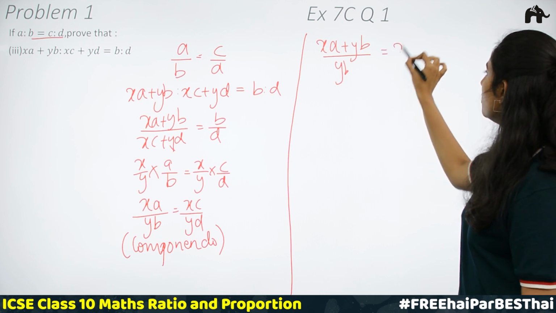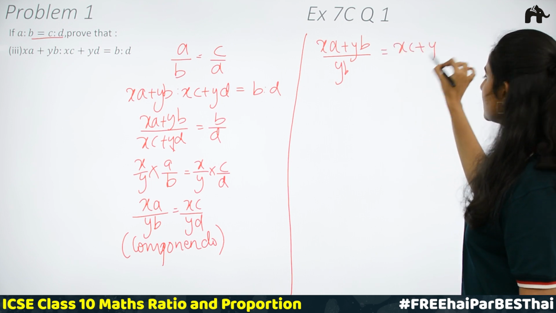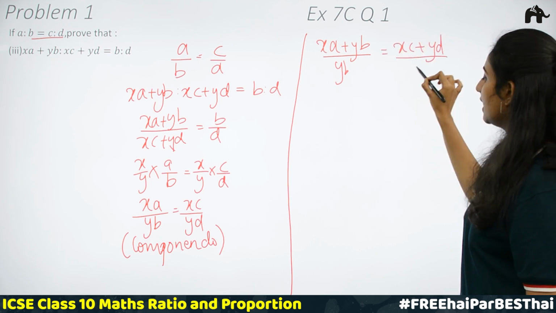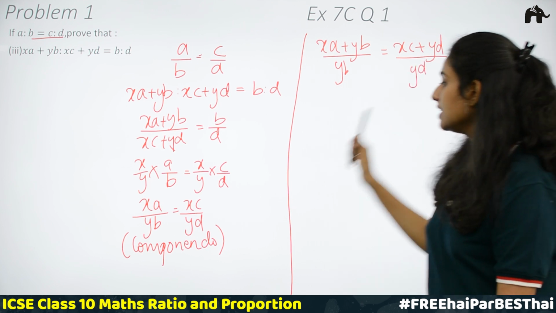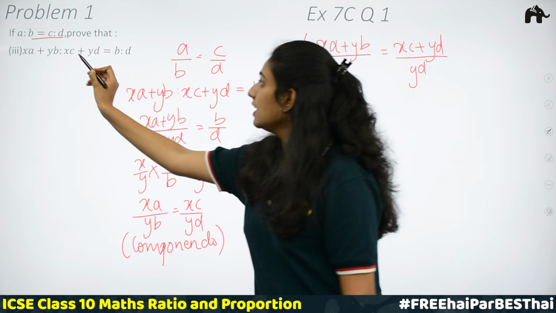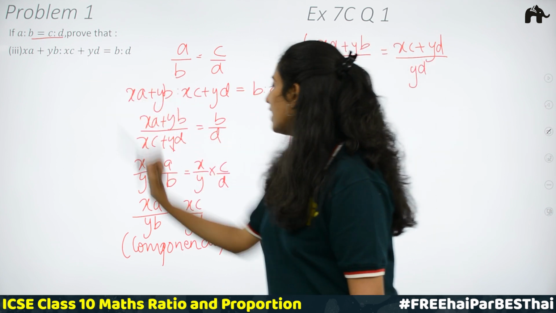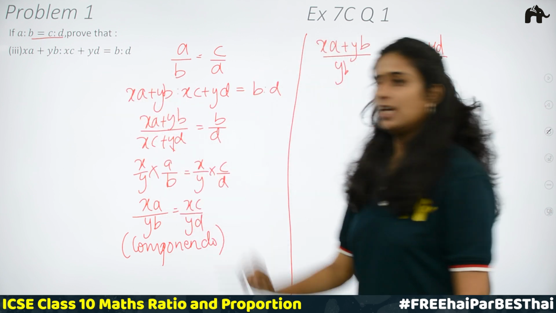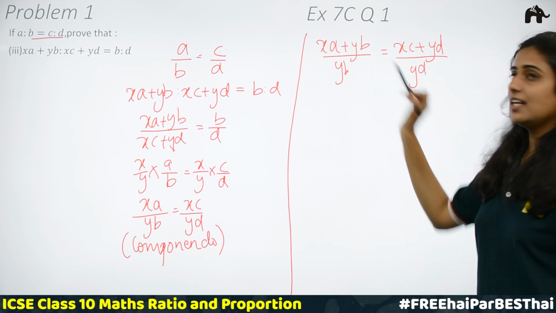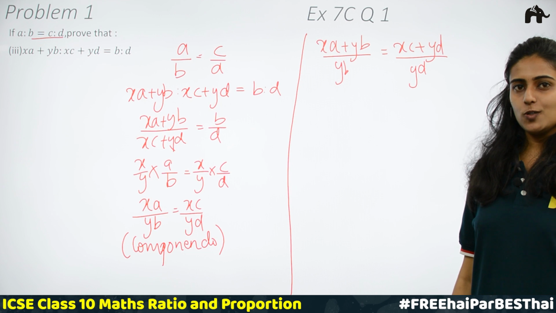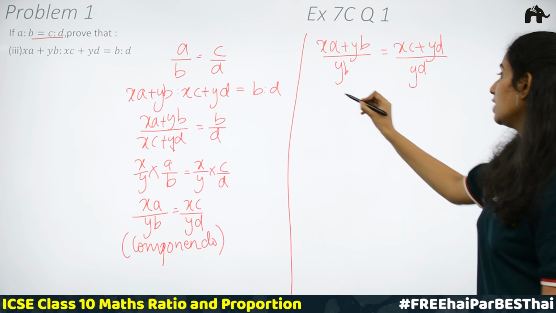Is equal to xc plus yd divided by yd. Okay. Now check this. Here we need this xc plus yd in the denominator. We need to shift this term to the denominator. Which property can be used? We can use the alternando property.